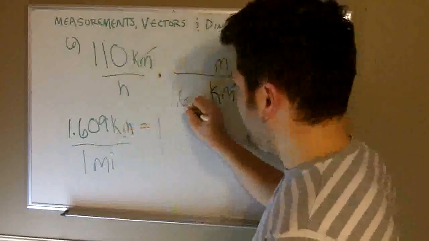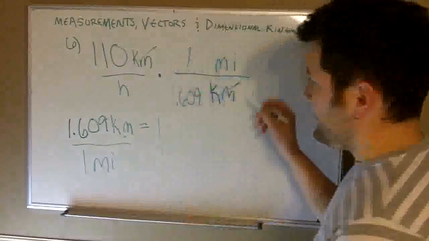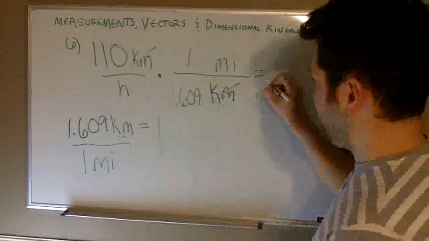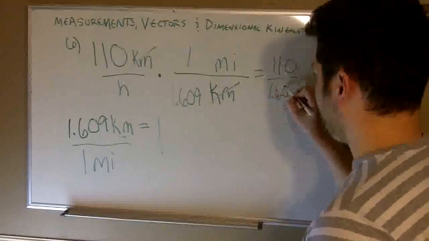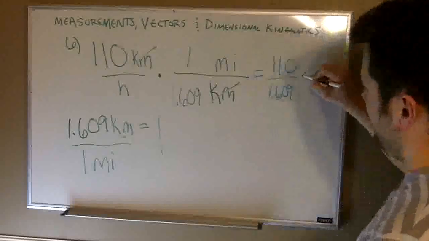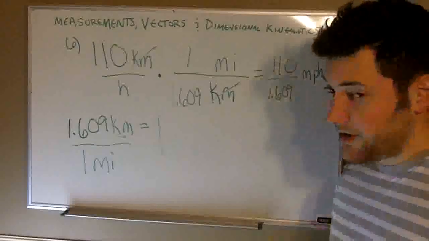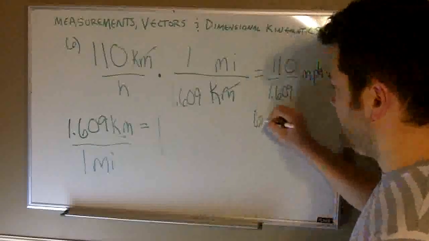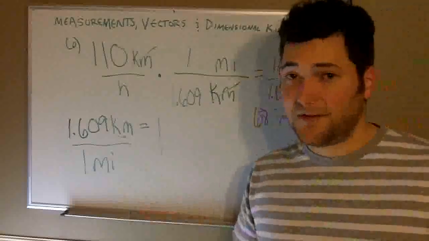It's 1.609 kilometers equals 1 mile. So your answer is just going to be 110 divided by 1.609, and this will be miles per hour on your speedometer, which turns out to be like 68 point something.